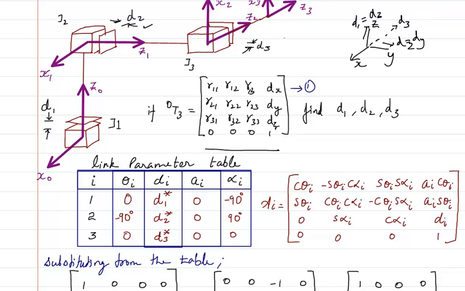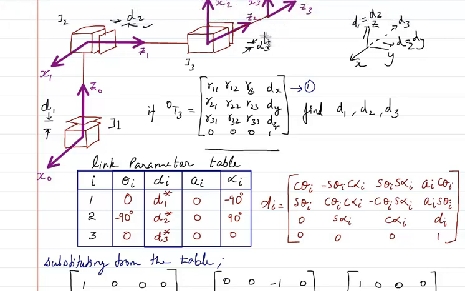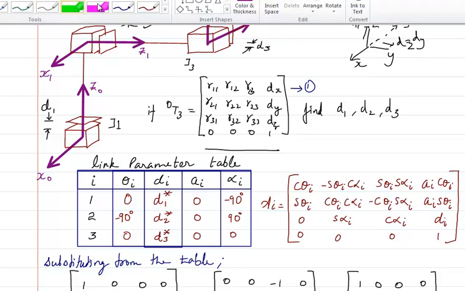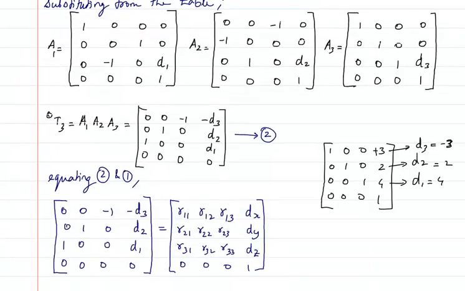So d3 is in this direction, so we can draw that direction. So d3 is equal to minus of dx, and that is the answer that we have got.